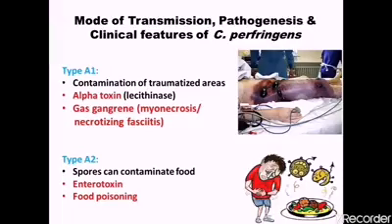Gas gangrene, also known as myonecrosis, can alternatively be called necrotizing fasciitis. There is pain, edema, cellulitis in the wound area. Crepitation is a very important finding which indicates presence of gas in tissues.